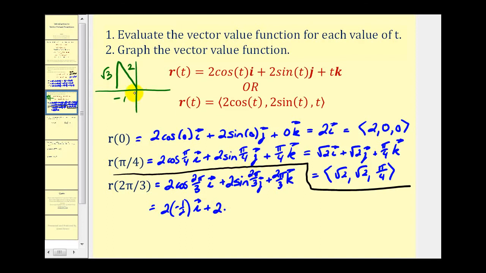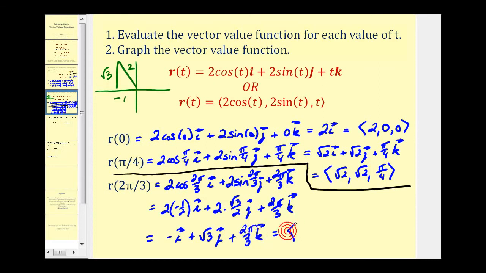For the sine of 2 pi over 3, we'll have square root 3 over 2. So let's go ahead and simplify this. We're going to have negative i plus square root 3j plus 2 pi over 3k. Or in component form, we would have negative 1, square root 3, and 2 pi over 3.